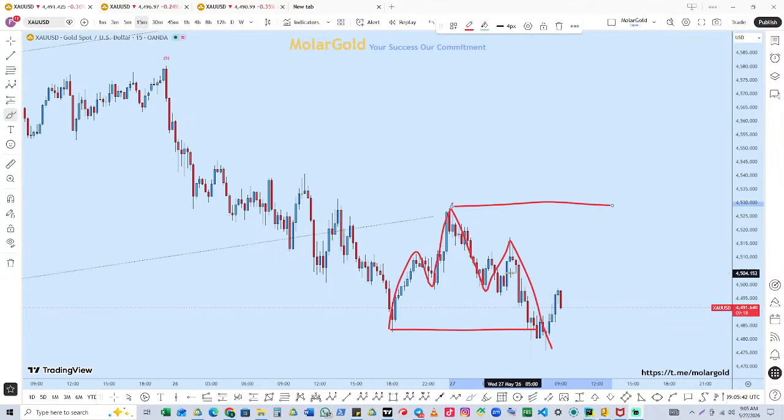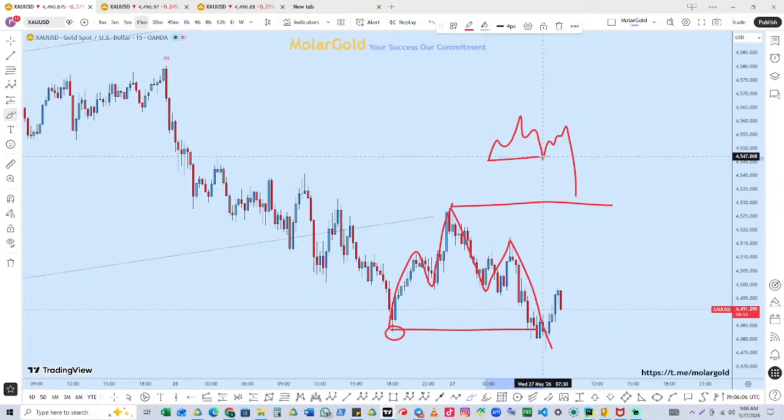All right. So this is what is happening. This is a 3, and possible 5 should come. 3, 3, 5. Since we broke this low, then we should have a running flat or expanded flat. And this is how a running flat looks like. A 3, and then a 5. So what will happen is that the structure would not break the top.